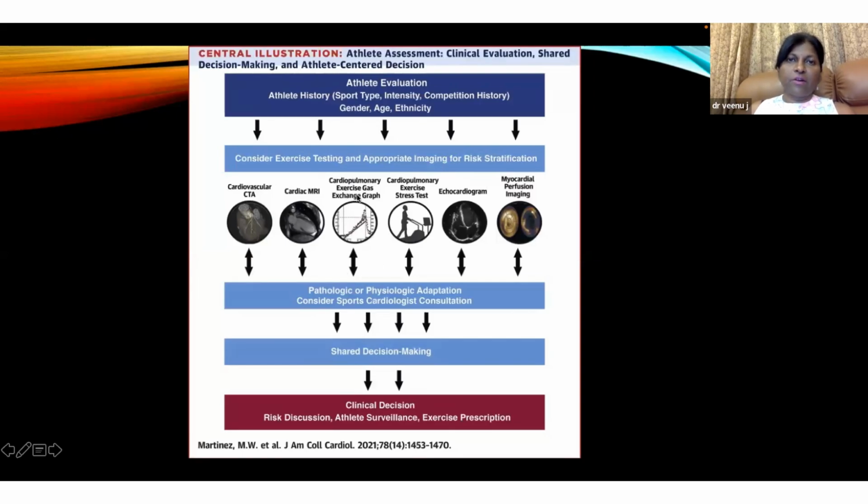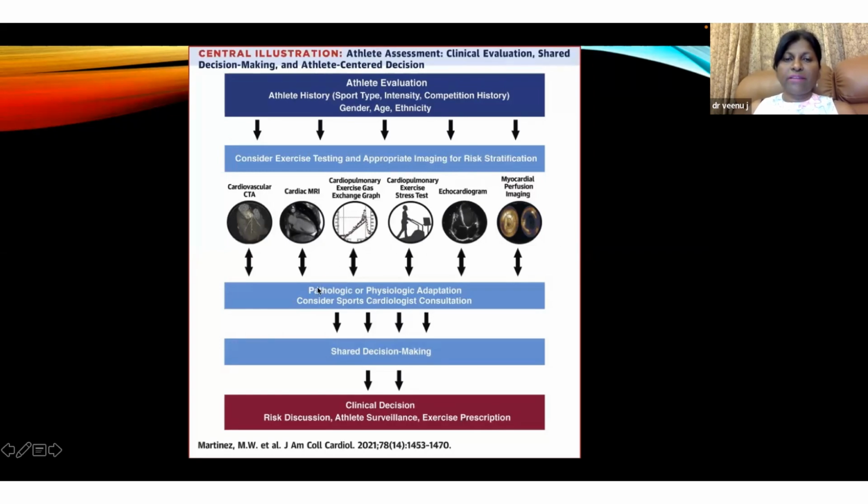It may be a cardiopulmonary exercise testing to see the VO2 max and correlate with the LVH, or it may be just a stress test to rule out coronary artery problem, or cardiac MRI to look for any of the cardiomyopathies, or a CT coronary angiogram to see for any plaques in the coronaries. So, depending on what the symptoms are and how we want to go further, these are the few tests that we will be looking at.